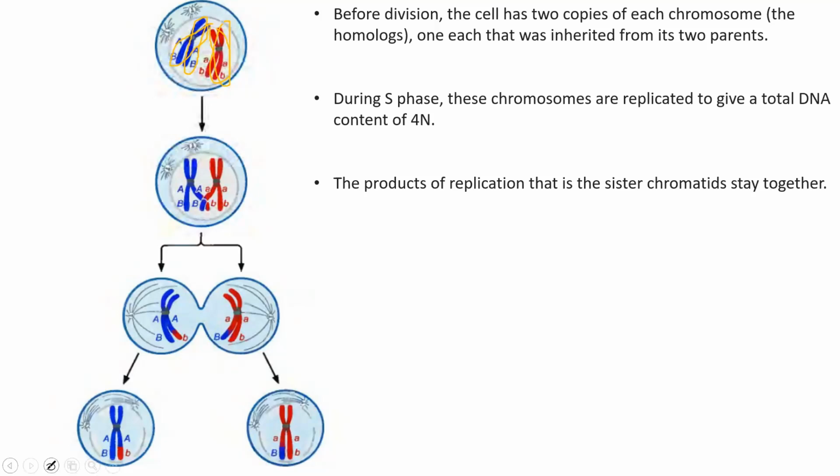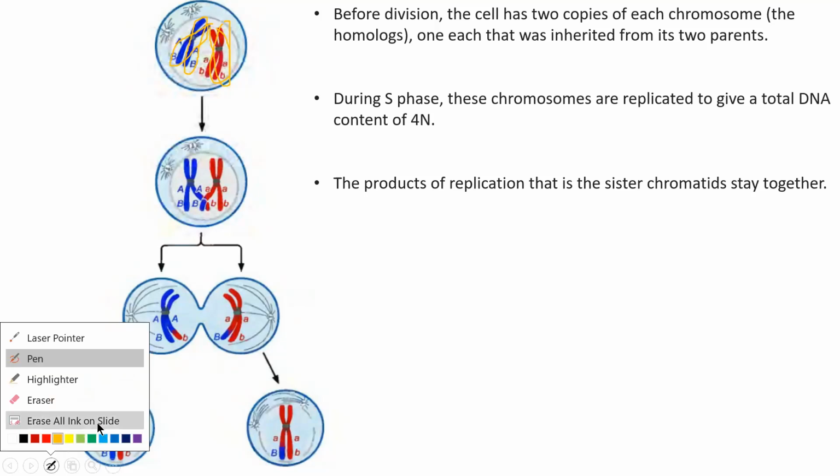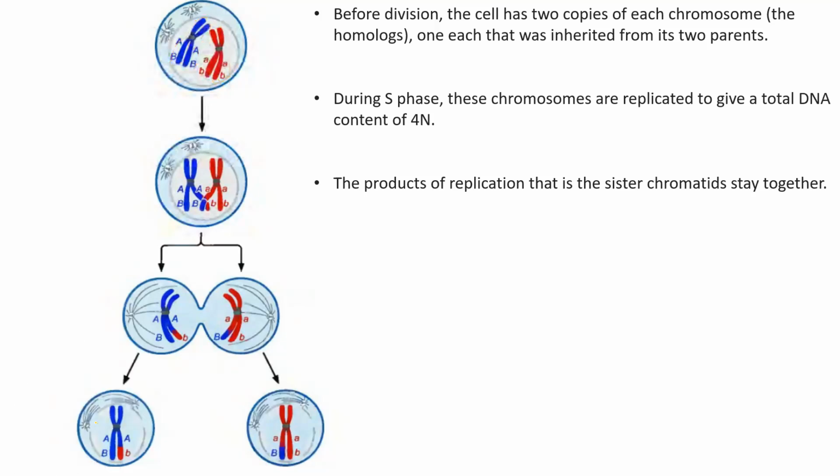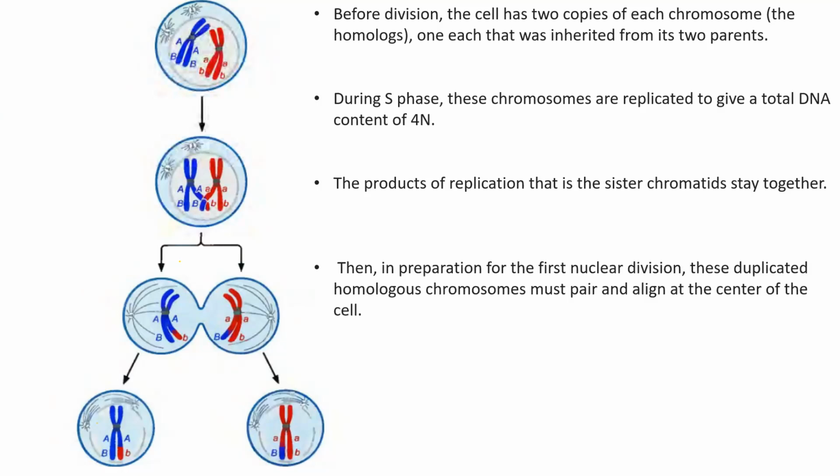So if I said that the blue chromosome is chromosome number 1 received from the male parent, and the red chromosome is also chromosome number 1 received from the female parent, the blue chromosome has replicated, giving rise to a sister chromatid, and the chromosome which is shown in red is also replicated, giving rise to another sister chromatid.